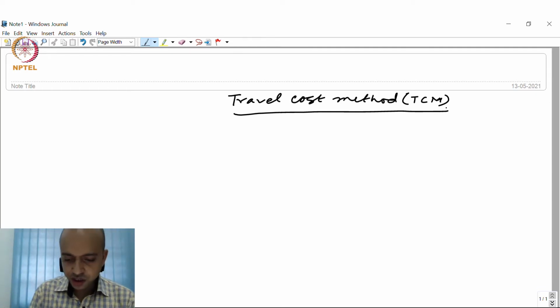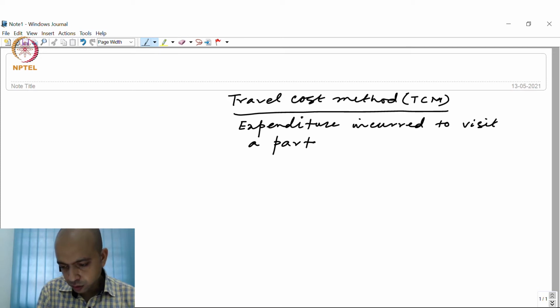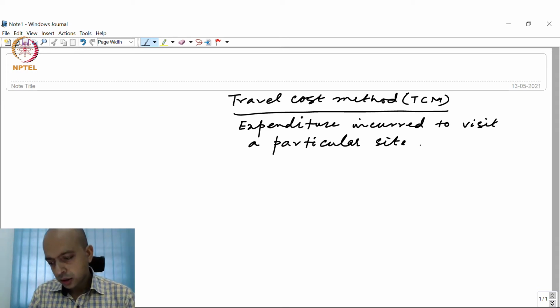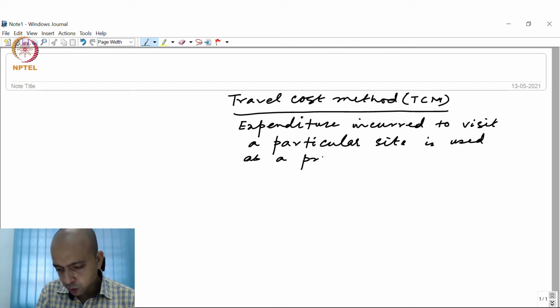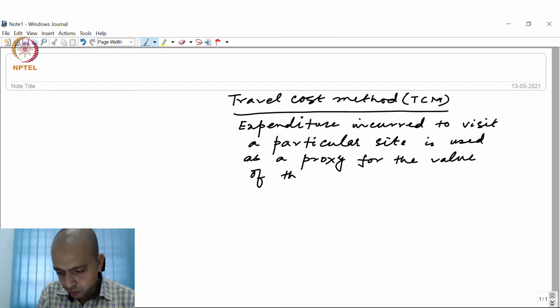So here, expenditure incurred to visit a particular site is used as a proxy for the value of that natural site.